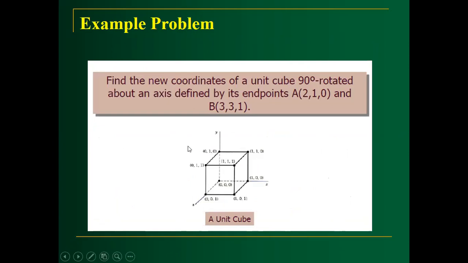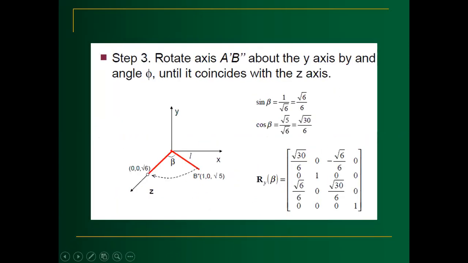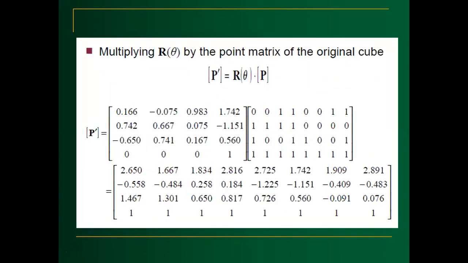When this guy gets rotated 90 degrees anti-clockwise, he will now position himself at 1.66, minus 0.484 and 1.30. Like this, apply for all the points. So this is how the new coordinates are obtained.